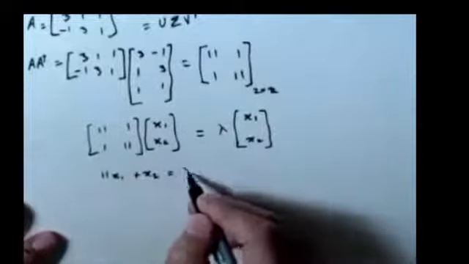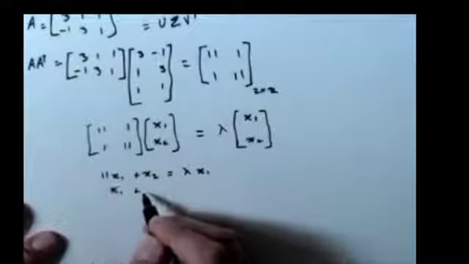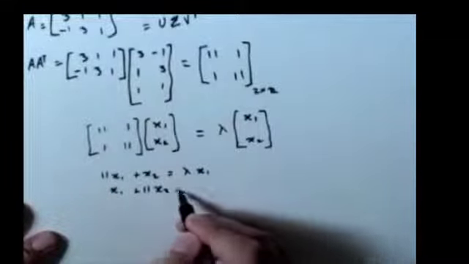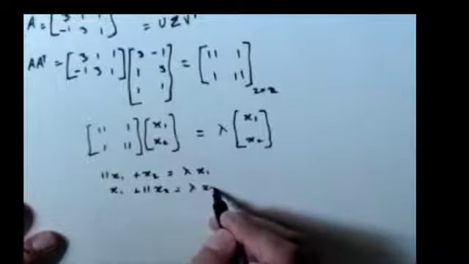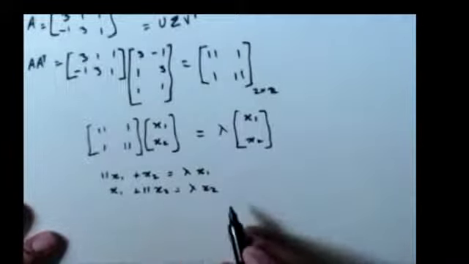We can write it as 11x1 plus x2 is equal to lambda times x1, and then the bottom one becomes x1 plus 11 times x2 is equal to lambda times x2. So these are 2 linear equations.